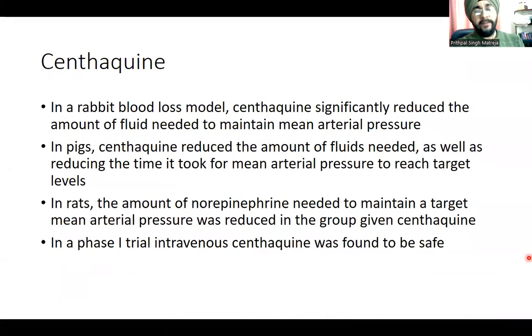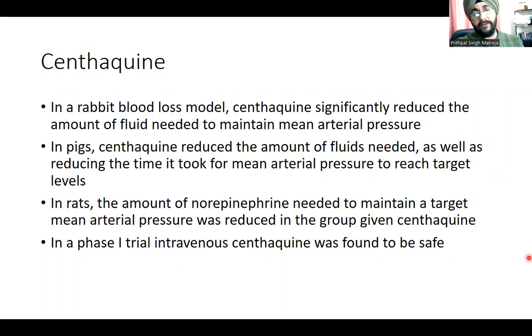Various animal studies and human studies have been done. In one of the studies, done in a rabbit blood loss model, canthaquine significantly reduced the amount of fluid needed to maintain a mean arterial pressure. This was somewhere around 126, as compared to placebo, which required 213.